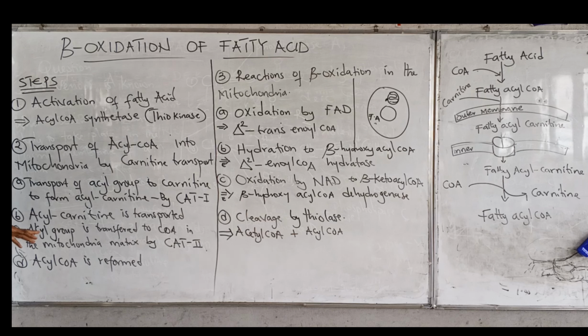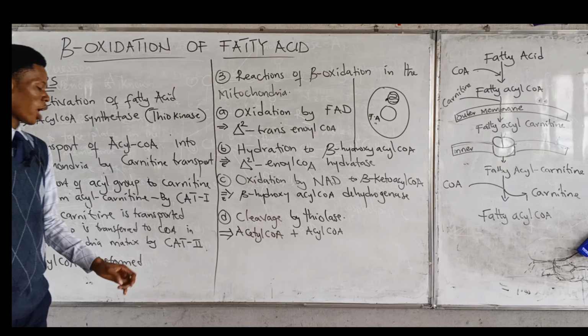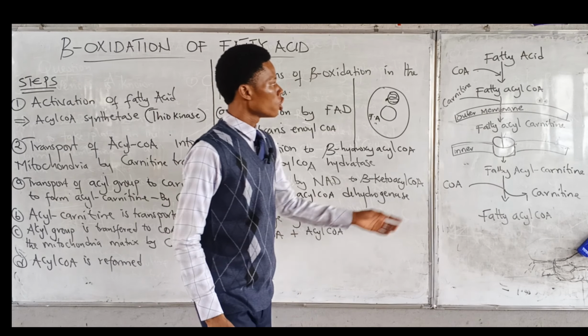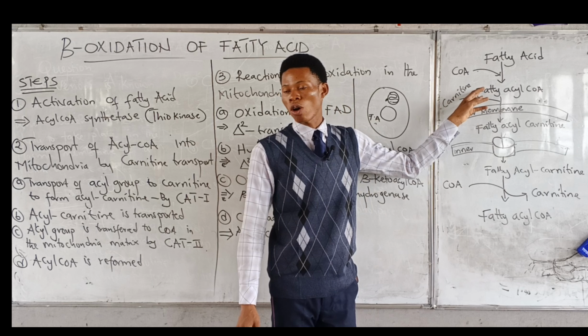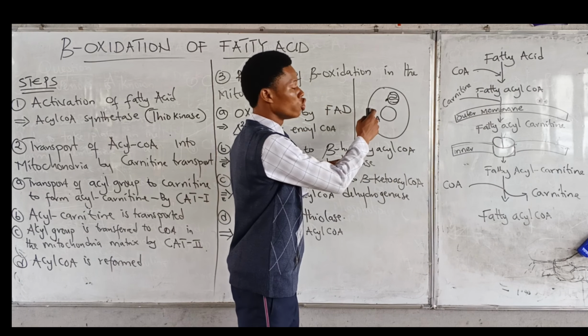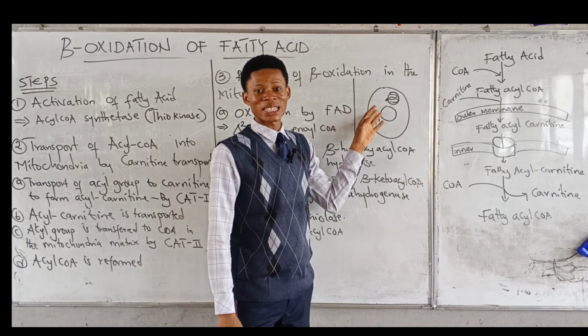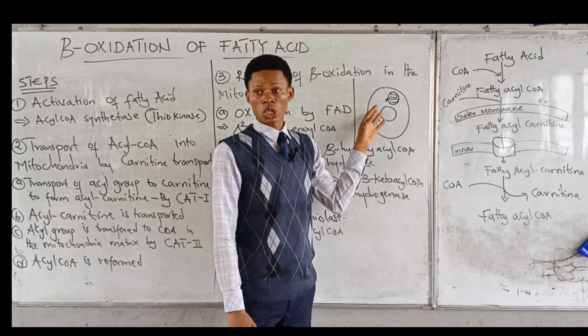The second step is this: I've said the acyl carnitine is transported into the mitochondria, right? Then I've said also that the acyl group is transferred to CoA in the mitochondrial matrix. Now let me explain. What we have outside the mitochondria, that is in the cytosol, is fatty acid-CoA, is it not?